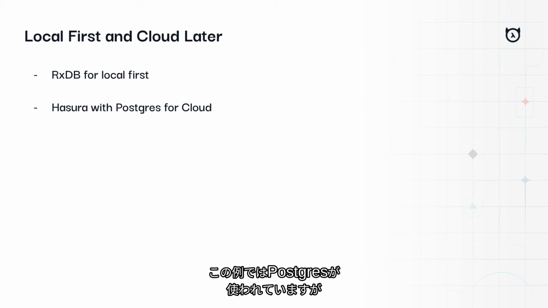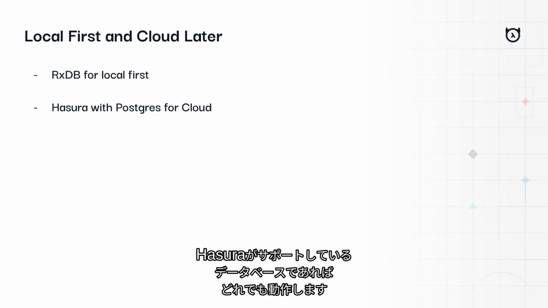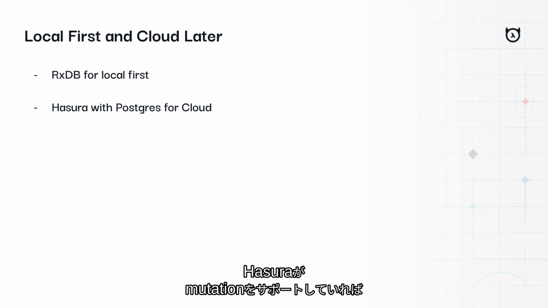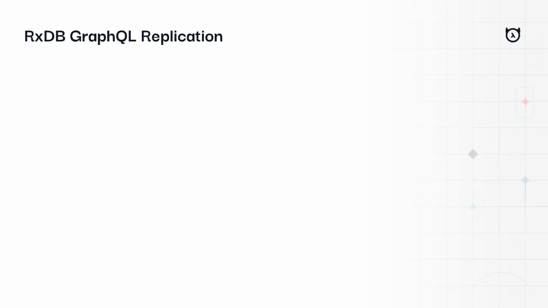In this example, we're using Postgres, but technically this could work with MySQL or SQL Server, or any other database that Hasura supports, and wherever mutations are supported by Hasura, right? And RxDB gives a pretty good setup on the front end for automatically taking care of a bunch of things. So we'll look at what are the different things that RxDB takes care of.